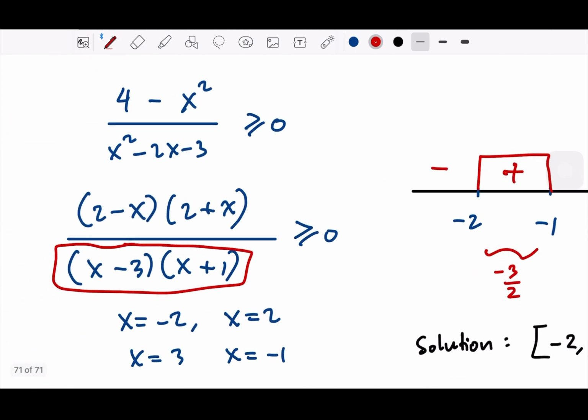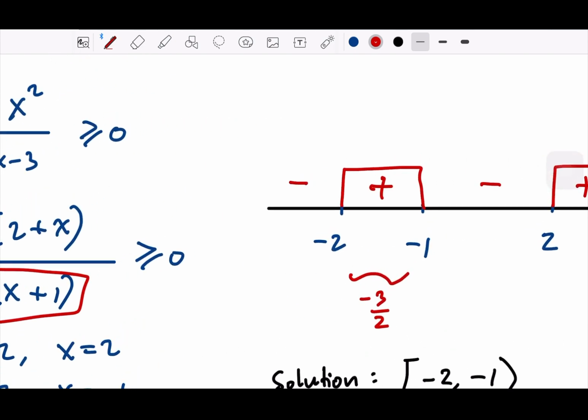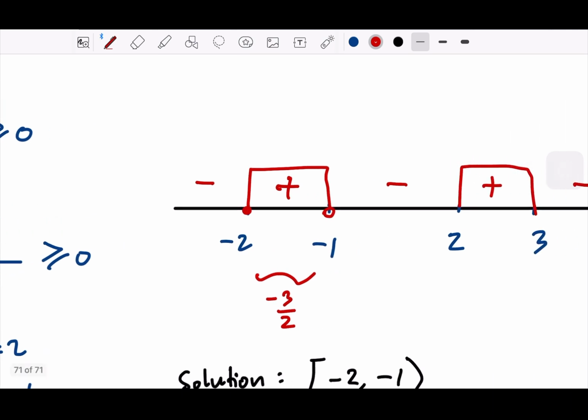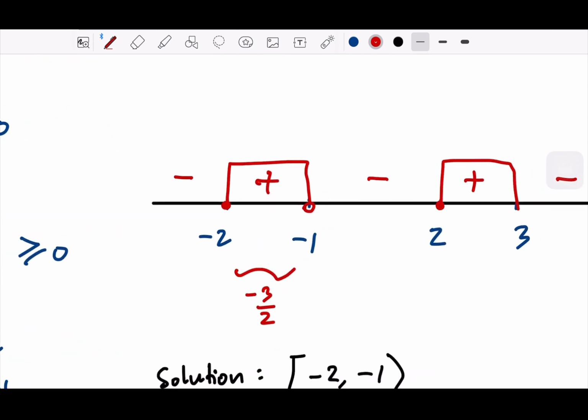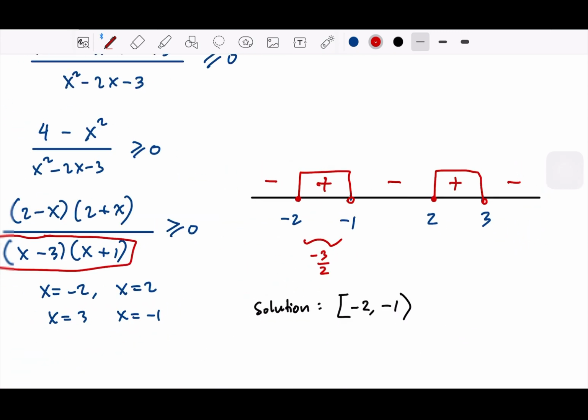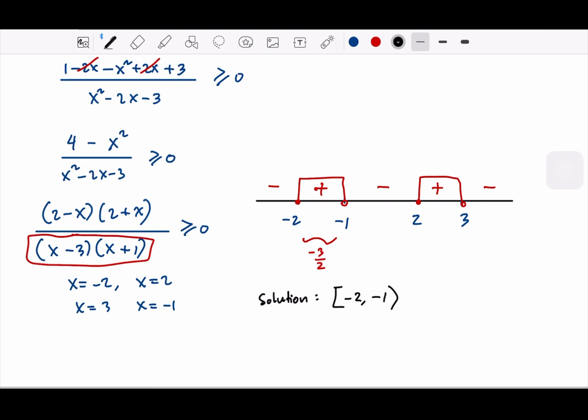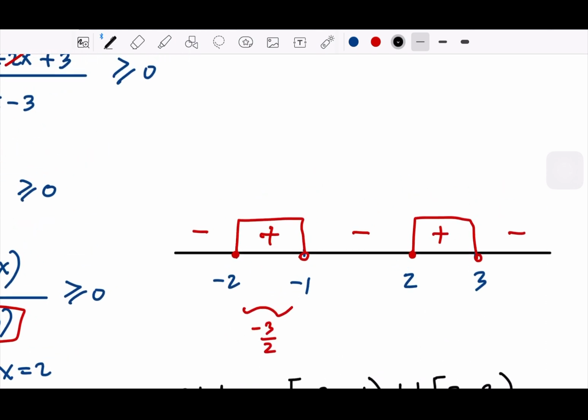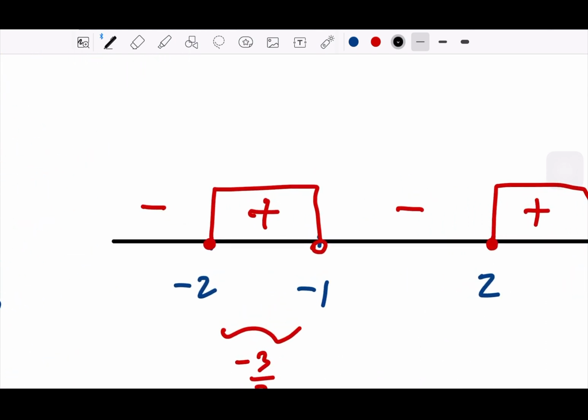Since -2 and 2 are in a closed interval, we write them with a closed circle, and for -1 an open circle, and 2 is closed, and this is open. So we could write it like that. I hope you understand why the solution is like this and how to determine the open interval and the closed interval.